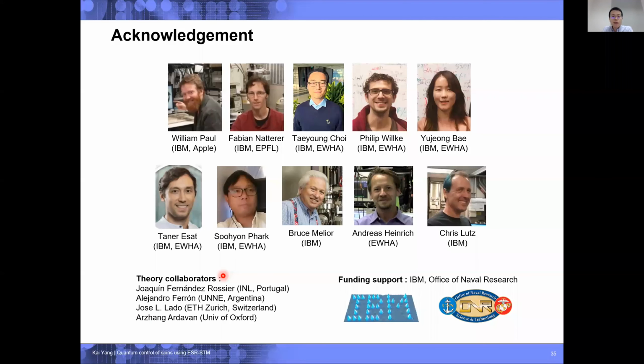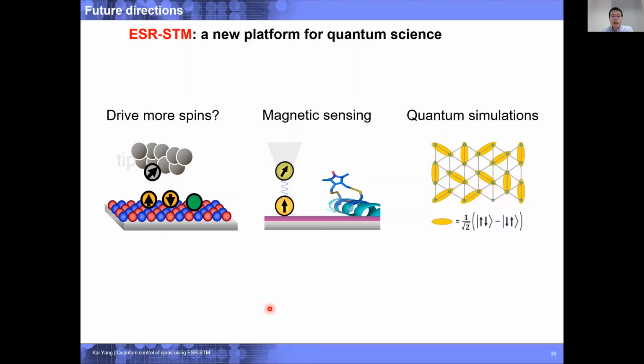And so here I list three possible future directions we can further pursue with the ESR-STM. The first is about how to drive more qubits. The idea is to make use of the AC electric field in the STM junction instead of the exchange field.